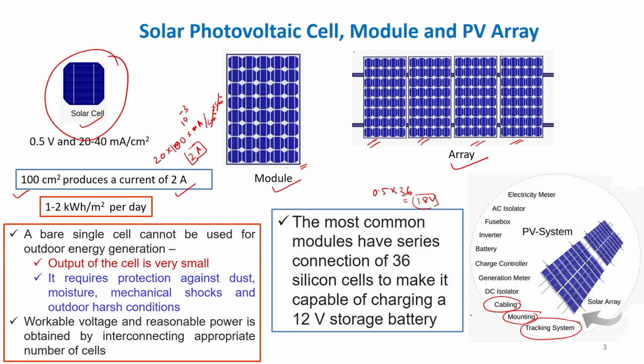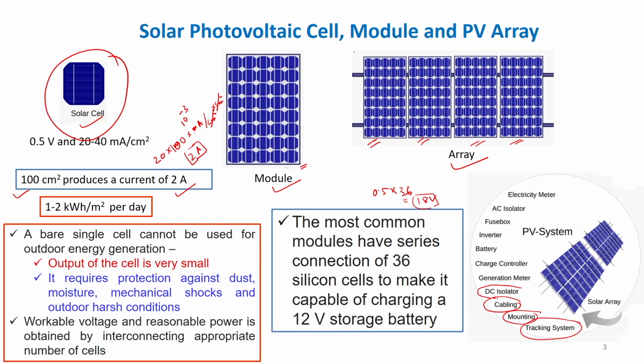Then proper cabling, both AC cabling and DC cabling, because when the energy is carried from the solar modules to the inverter, that is DC, and after the inverter it will be AC cables. Then we need a DC isolator, generation meter, and surge controller.